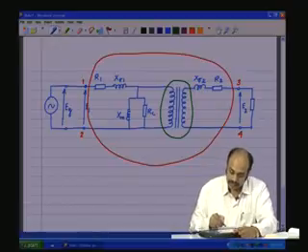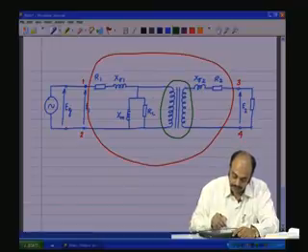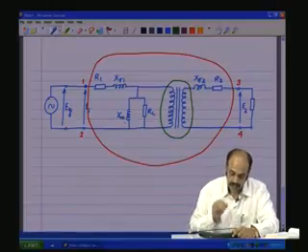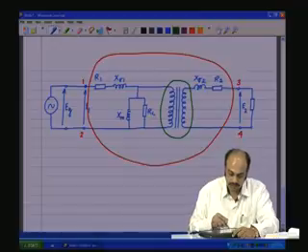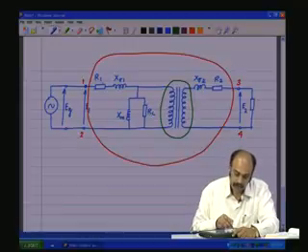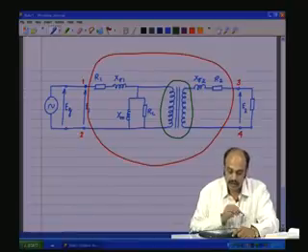So, the practical transformer is composed of the ideal transformer plus non-idealities which are represented in terms of circuit elements, that is the leakage reactances X sigma 1 and X sigma 2, magnetizing reactance Xm, core loss resistance Rc, primary side coil winding resistance R1, secondary side coil winding resistance R2.